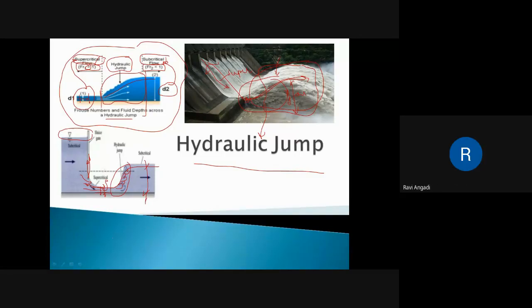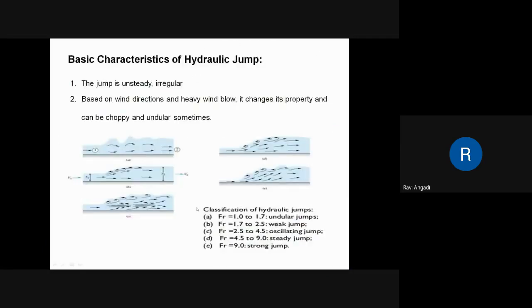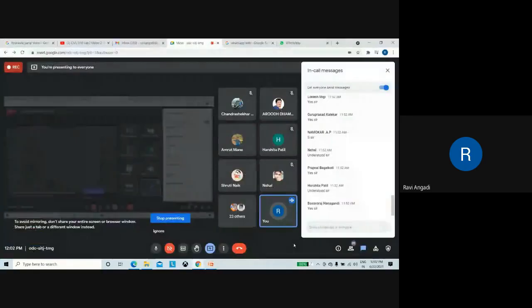Any doubt you can ask here. If you understood hydraulic jump, type "understood hydraulic jump." I'll check in the comment box, because unless you understand, you cannot understand the derivation later. All of you write, understood or not understood.